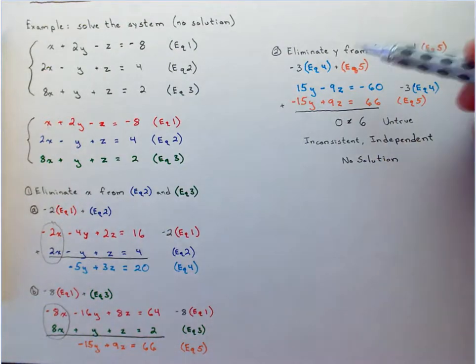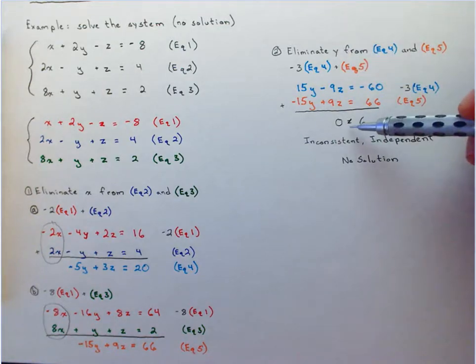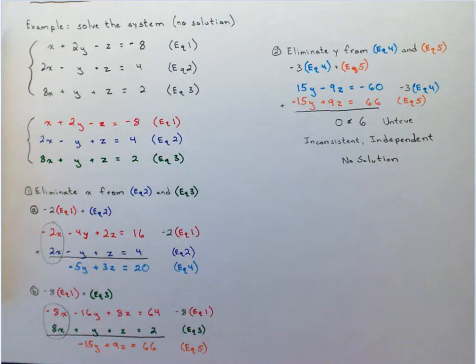I chose to eliminate y from equation 4 and equation 5. I could have chosen to eliminate z. It's irrelevant. But in doing so, I end up with an untrue statement. Inconsistent, no solution. Untrue statement.